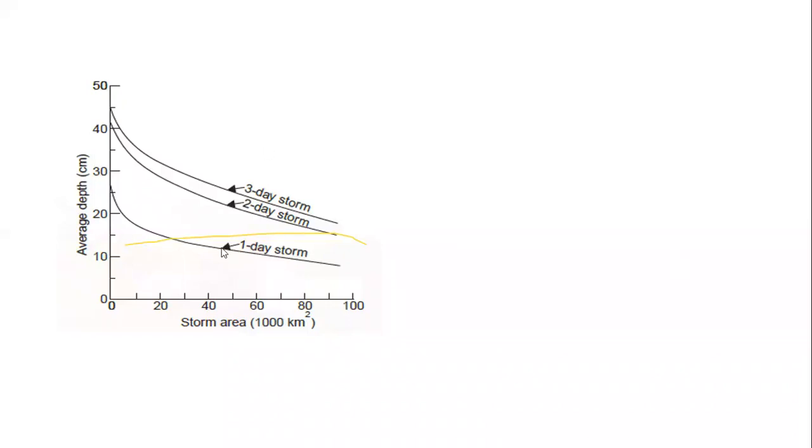म्हणजेच काय, for 1 day duration storm we got about 26 centimeter as an average rainfall, isn't it? That for a 2 day storm, म्हणजे 2 दिवस पाऊस पडला होता.